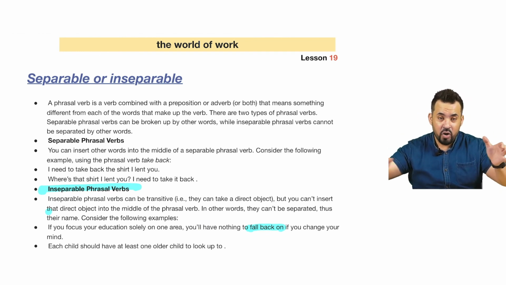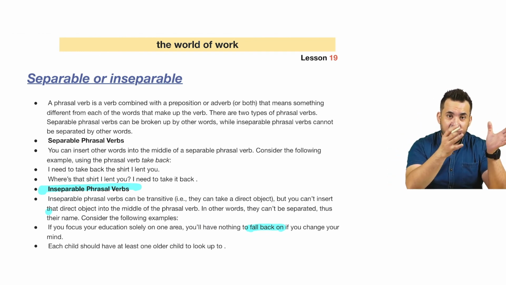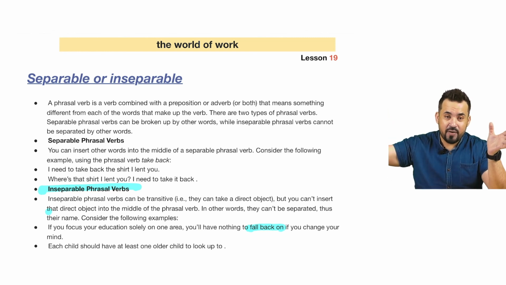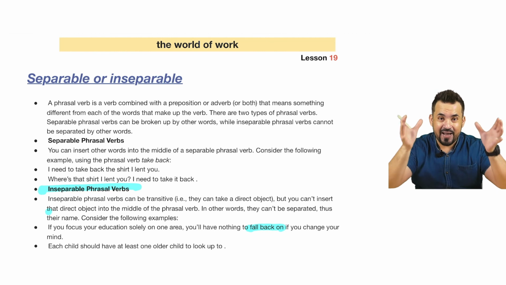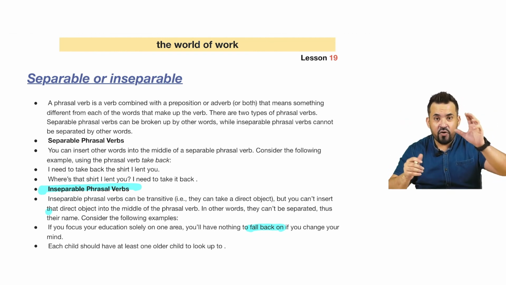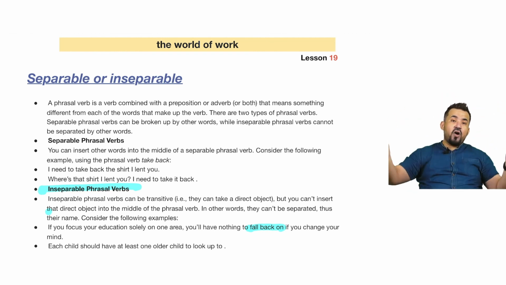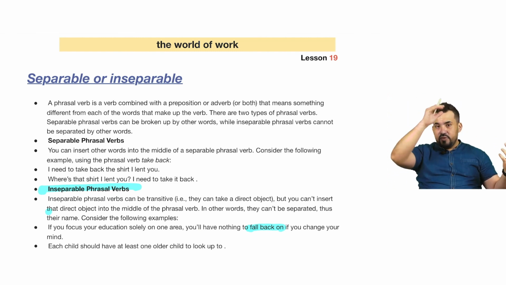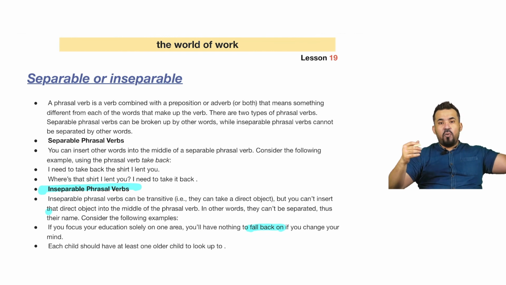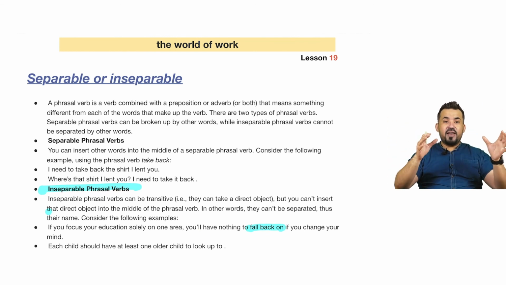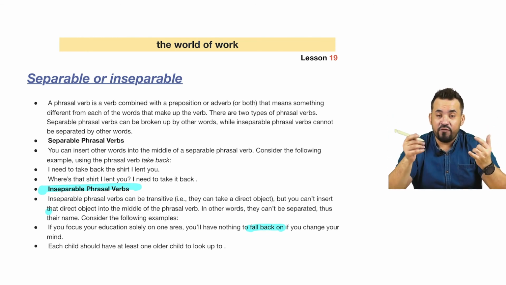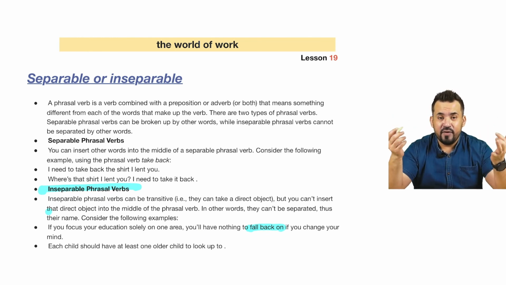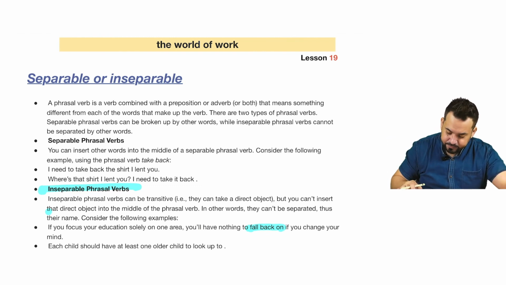We cannot say fall your education back on. You have to say fall back on as one set. So you can fall back on your education, or you can fall back on your wealth. You can fall back on something, but you cannot fall your education back, because first of all, it wouldn't make sense, and number two, it will be incorrect.